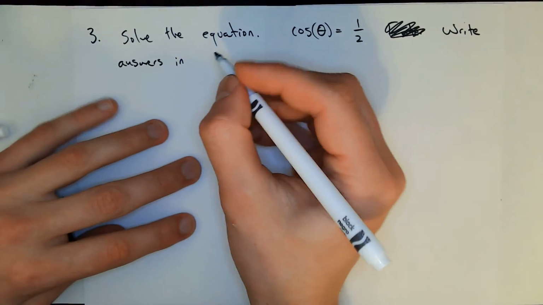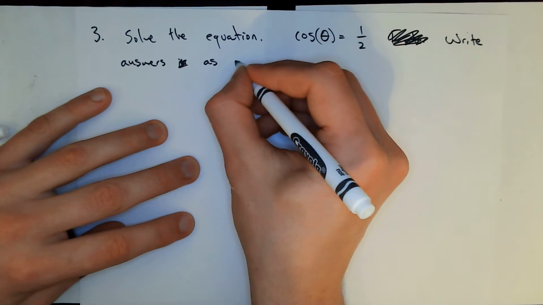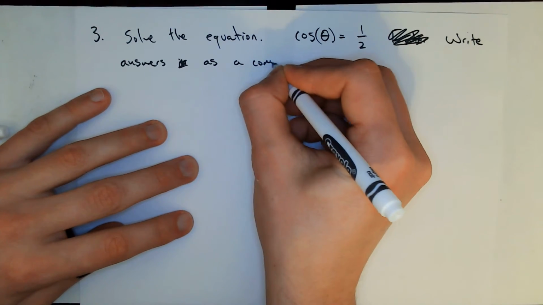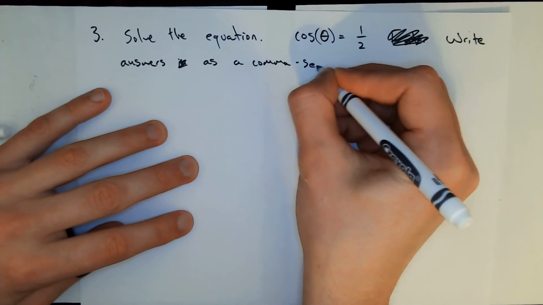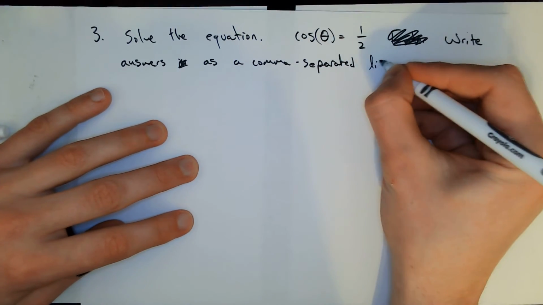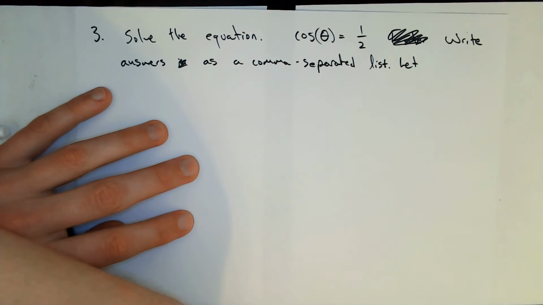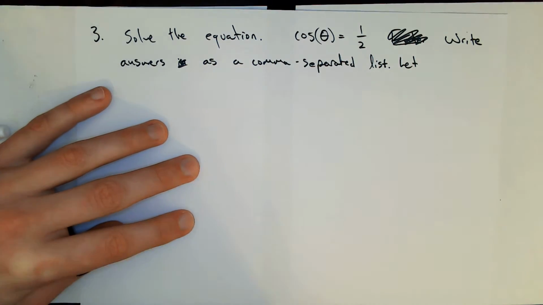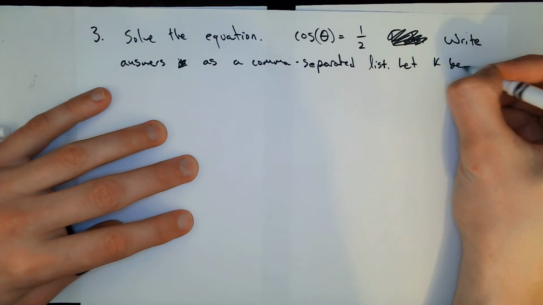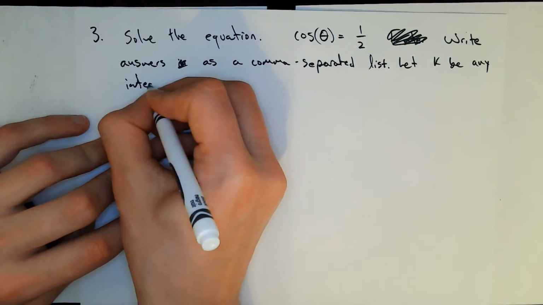This is how you would see it in the homework or in the exam as a comma separated list. Let k be any integer. So, okay, what is all this about?